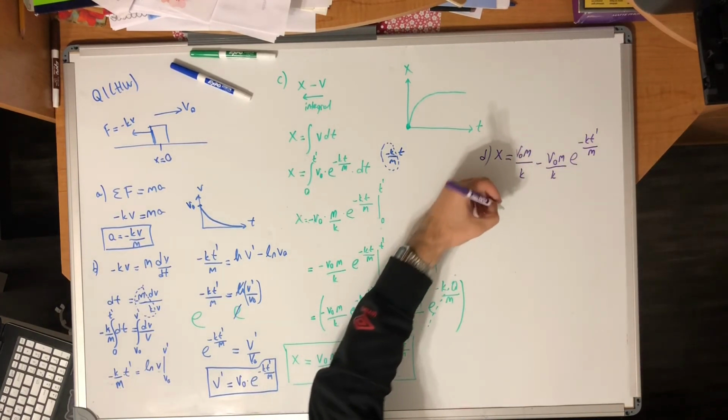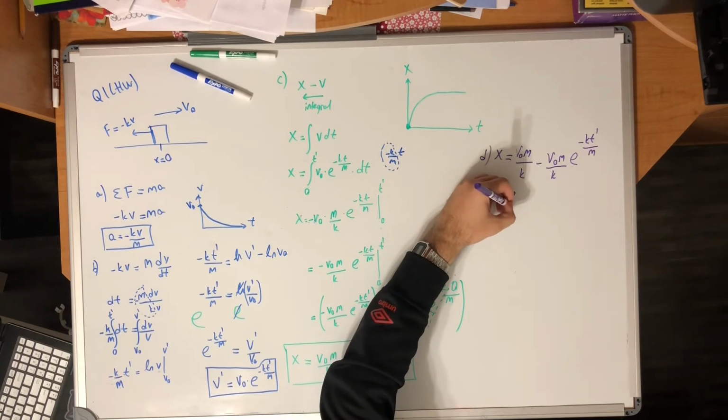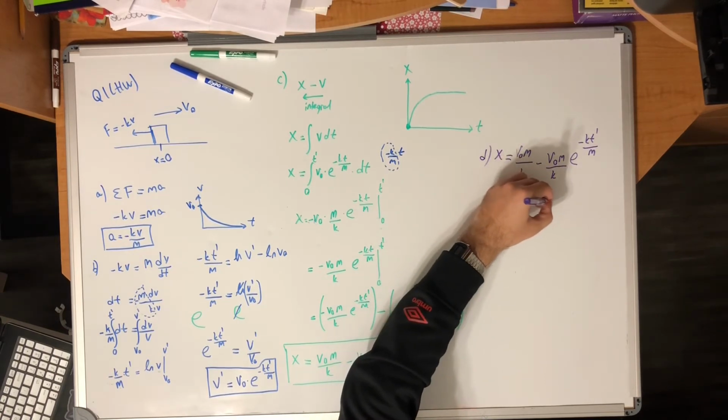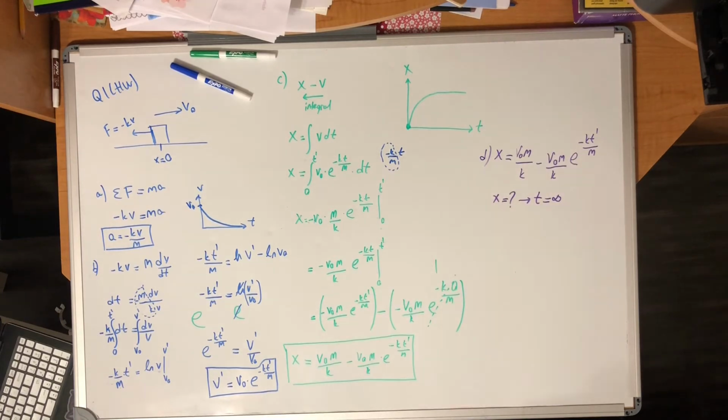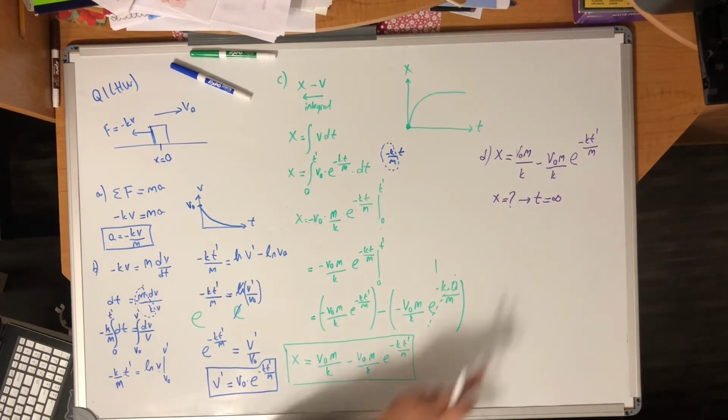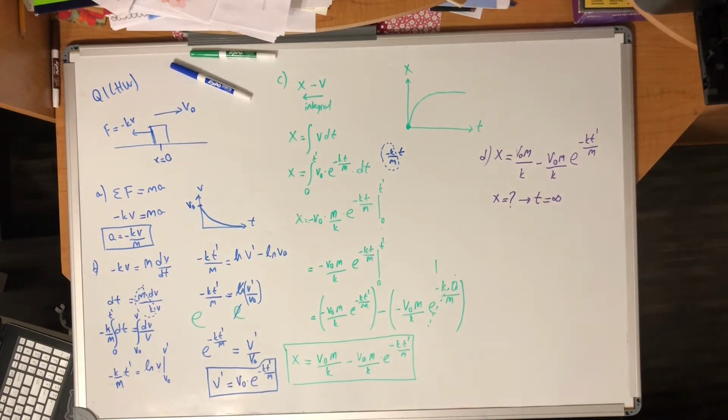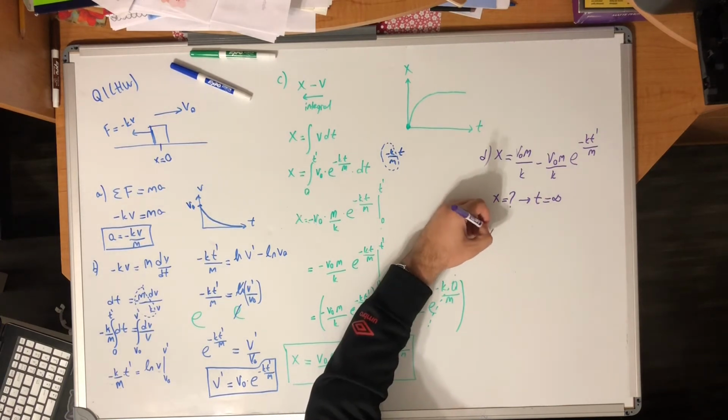So they tell you find the x at infinity, when time is infinity. So all you have to do is replace this t prime with infinity. So if you do so, let's see what we get.